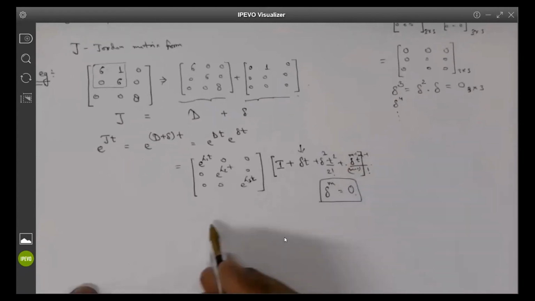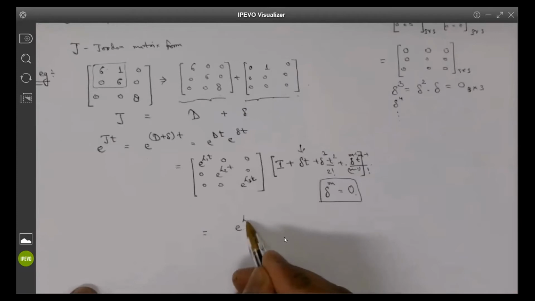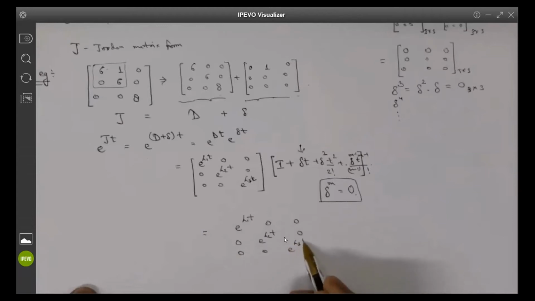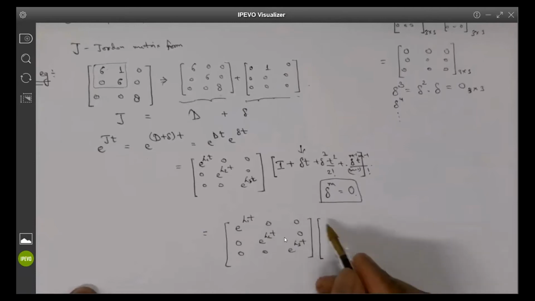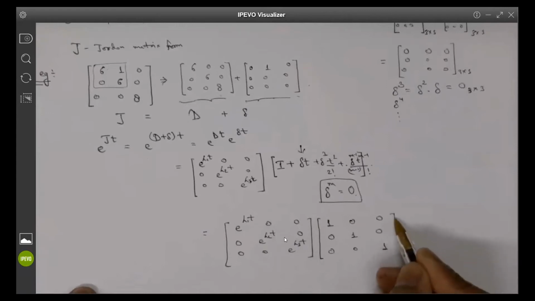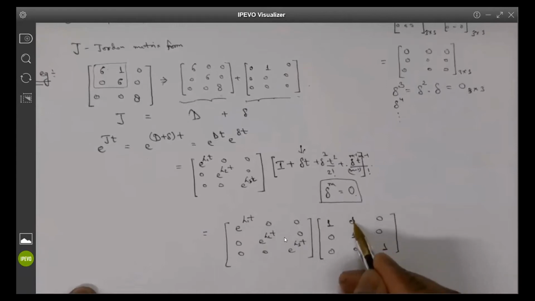And what you actually end up with is the identity matrix, 1 0 0, 0 1 0, 0 0 1, and here you have just t, multiplied.